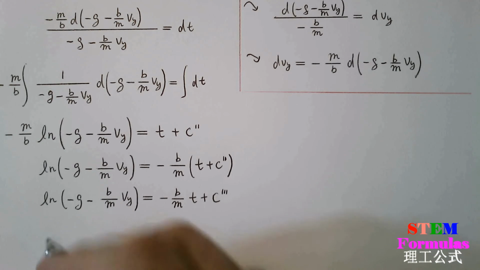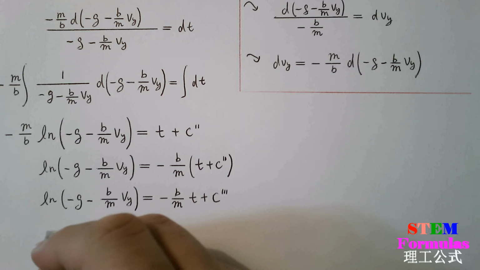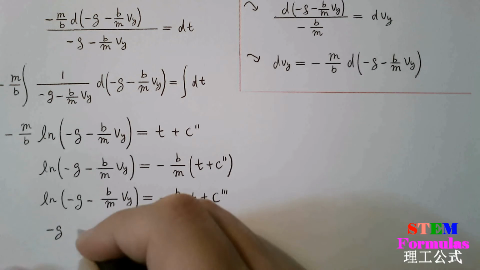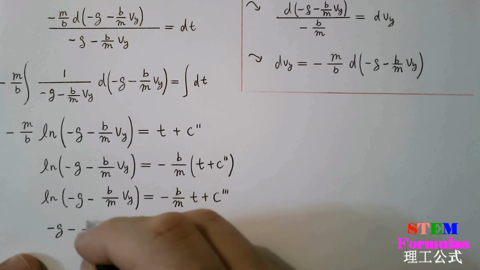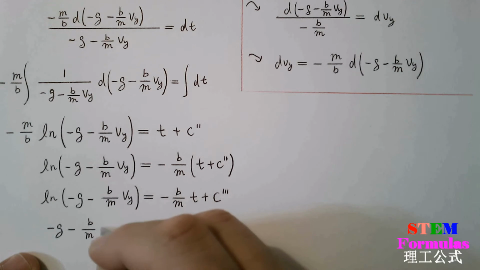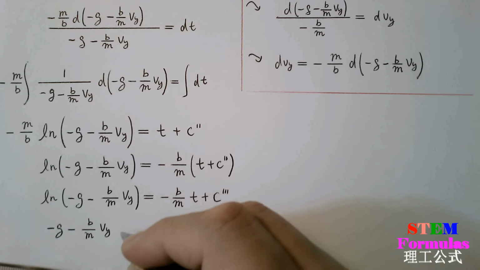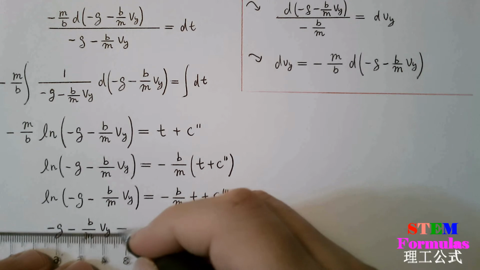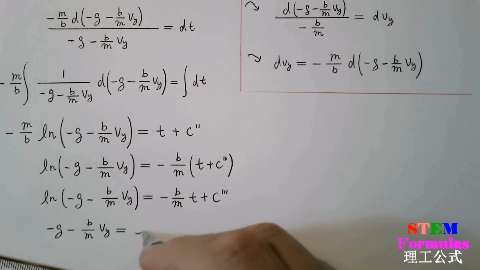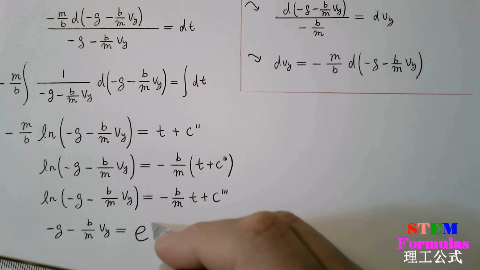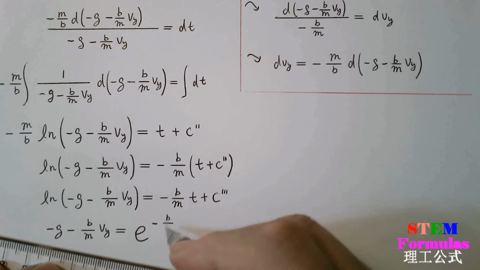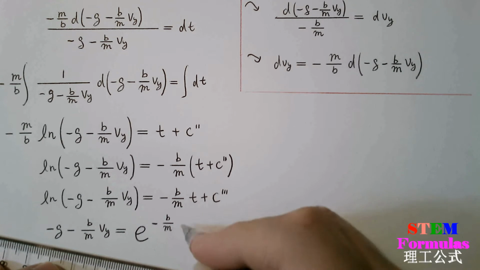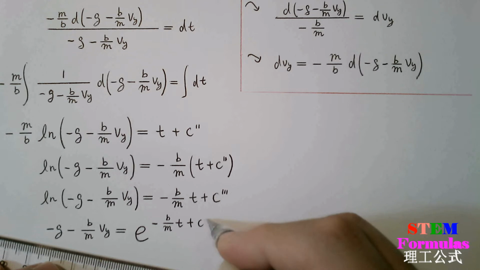Therefore, I have minus g minus b divided by m vy equal e to the minus b divided by m t plus c triple prime.